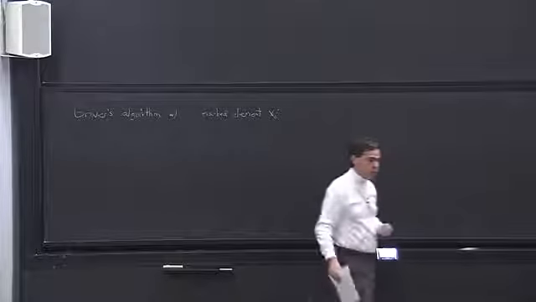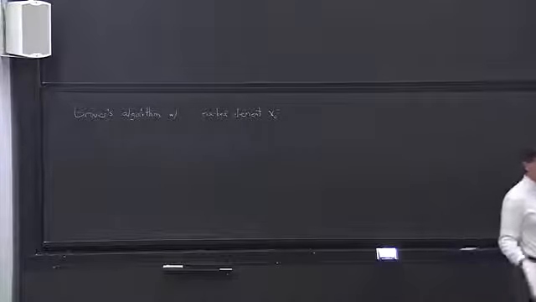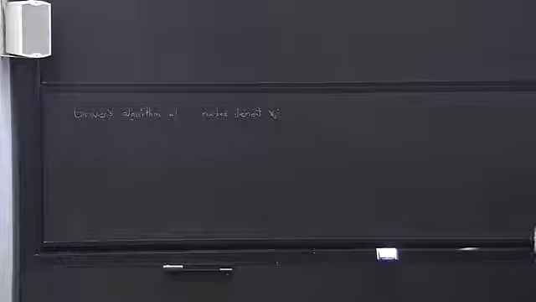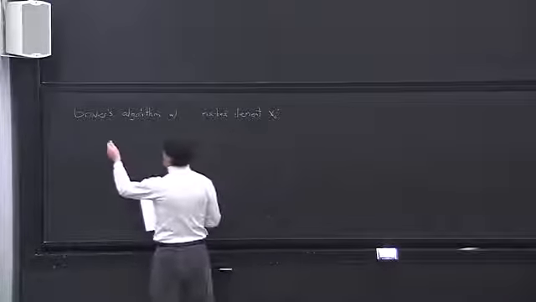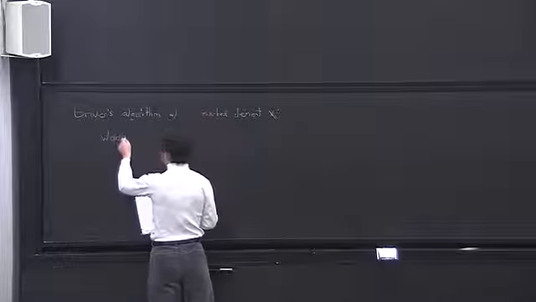Because this problem has no structure, there's only two classes of things we have to worry about, right? There's the marked elements and the unmarked elements. And we have no reason to treat any of the unmarked elements differently from each other. So what we're going to do is work in a two-dimensional subspace.